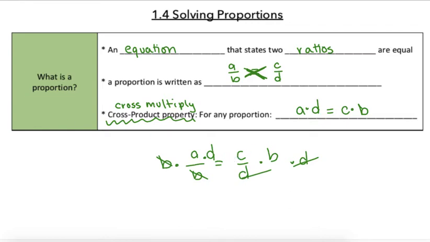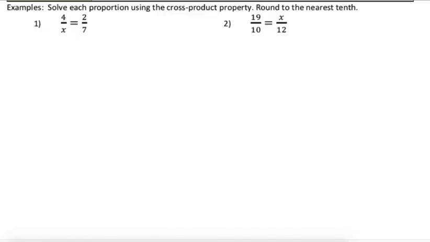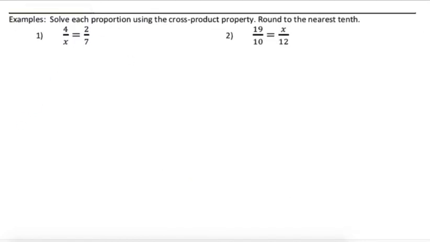So that's our goal today, to use this cross multiplication, cross product property, to solve for x, to use this to find a value. On our first examples here, it says, solve each proportion using the cross product property. And if we need to, we're going to round to the nearest tenth. All right, so I'm going to cross here.